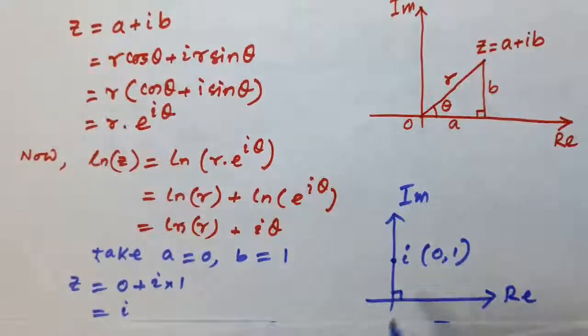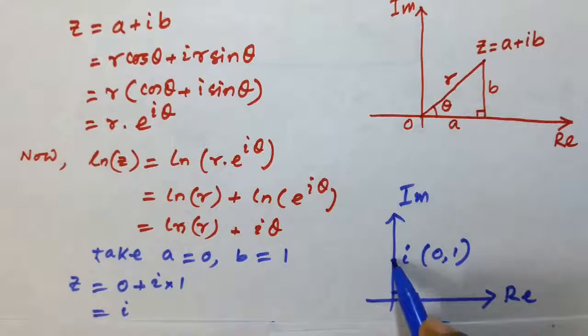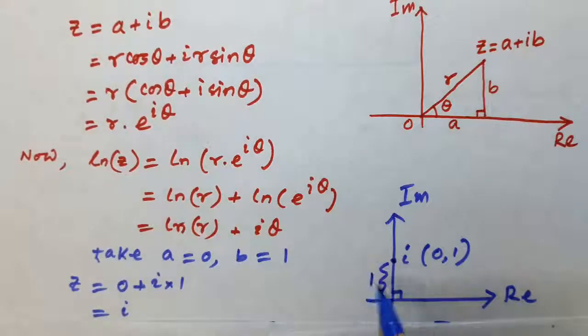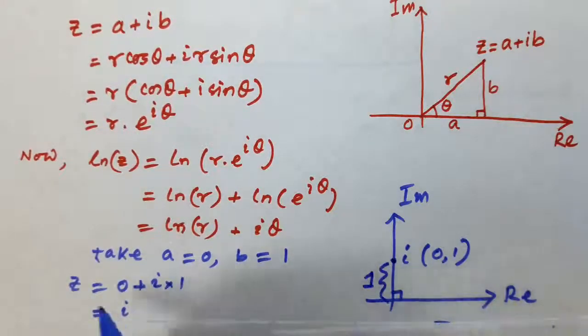This is the real axis, this one is the imaginary axis. The complex number I is here, whose Cartesian point is 0, 1. Now this distance is equal to 1, which is the modulus of the complex number z is equal to I.